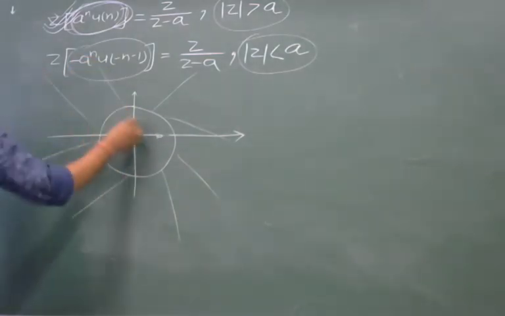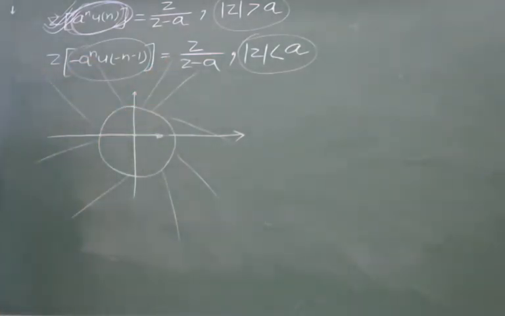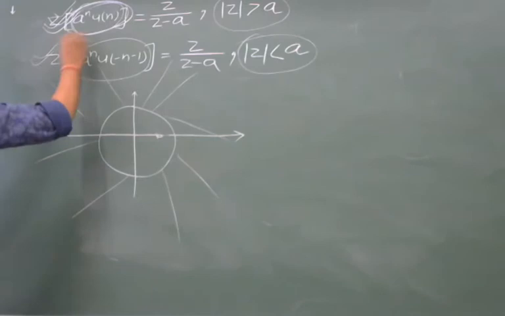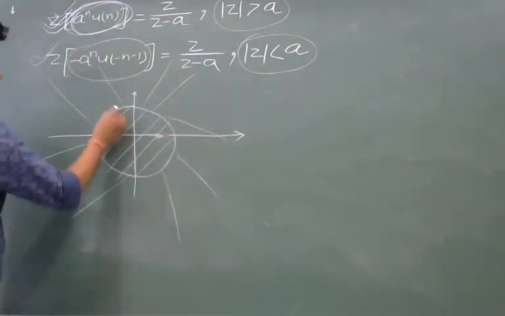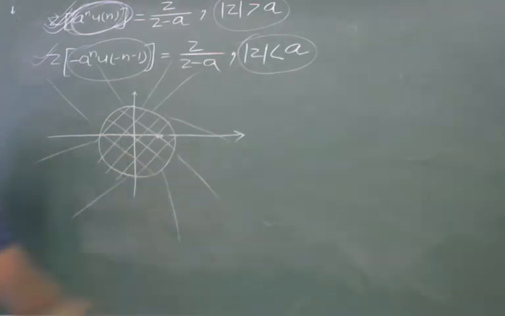That Z transform for the first signal will exist in this region, and the Z transform for the second signal will exist inside the circle. This is the difference in the two Z transforms. Their region of convergence is different.